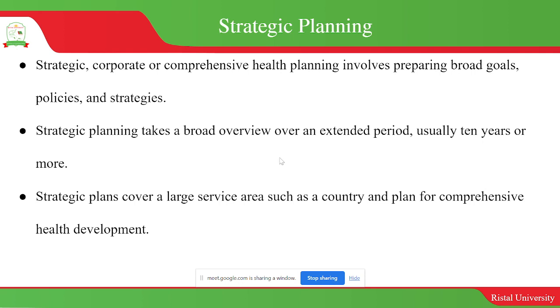You can have a strategic plan that is covering the whole country. For example, if you have an NGO present in the country, it can have what we call a strategic plan for the whole country, and say that in the next 5 years, our role is going to be ABCD in South Sudan. So strategic plans are actually wider in scope.